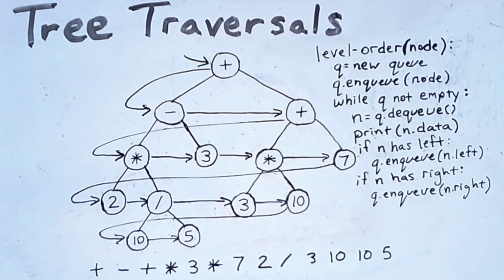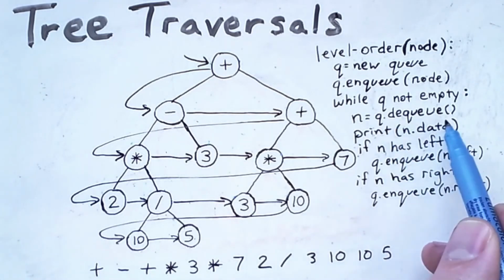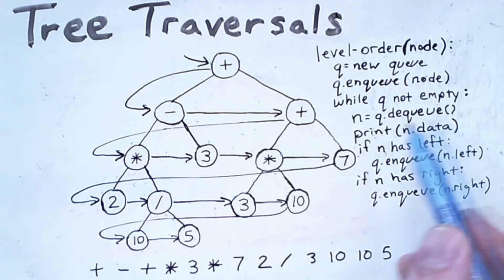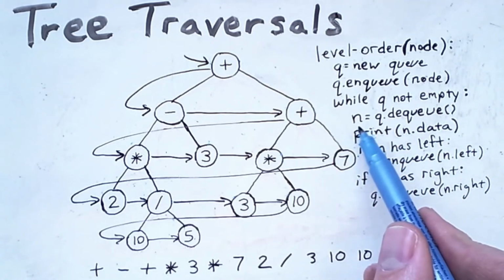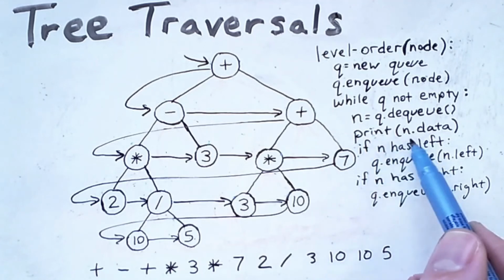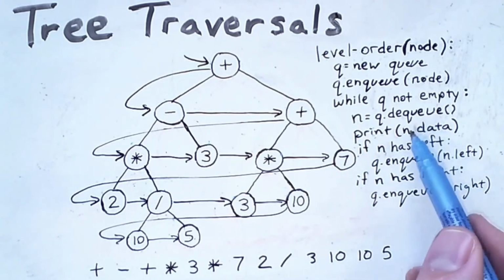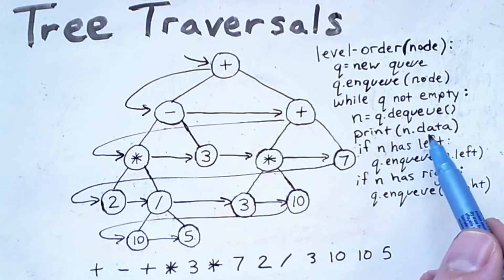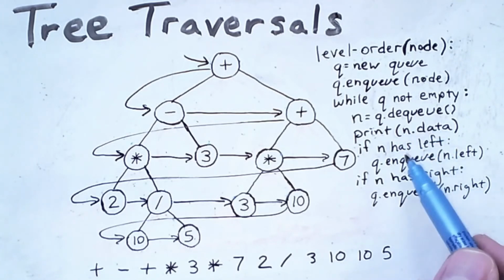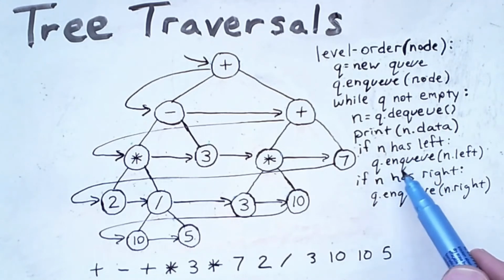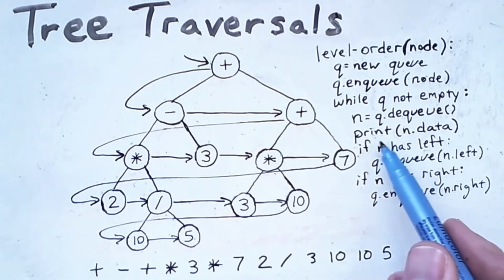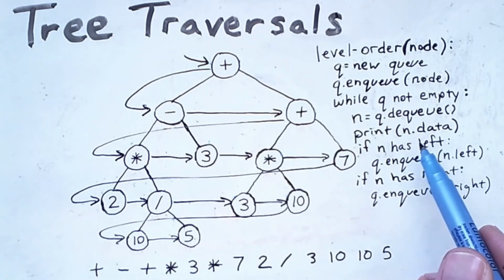On every iteration of the loop, we're going to remove something from the queue. We will dequeue the value that's at the front and put it in this temporary variable n. We'll print n's data, so we're visiting the node that we just dequeued, the one we removed from the queue. But then we're going to put all of the child nodes of the node we just visited onto the queue.